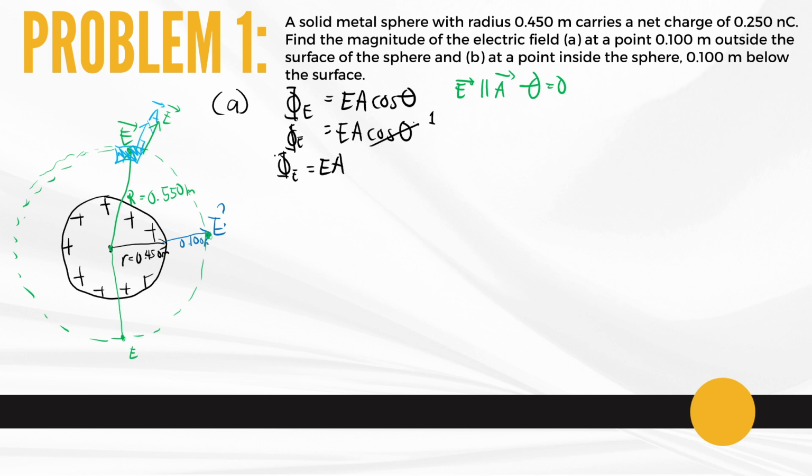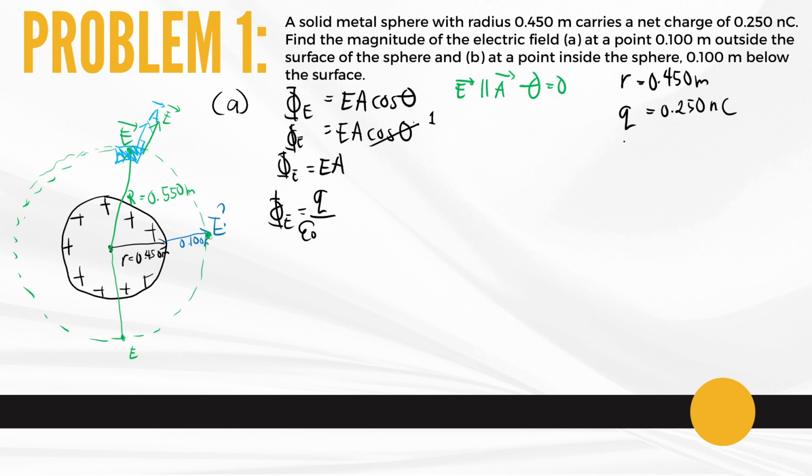There's another formula for electric flux: the electric flux is equal to the net charge over epsilon naught, the permittivity of free space. Now, if I write all the givens, I have R equals 0.450 meters, which is the radius of my metal sphere, and a net charge of 0.250 nanocoulomb.